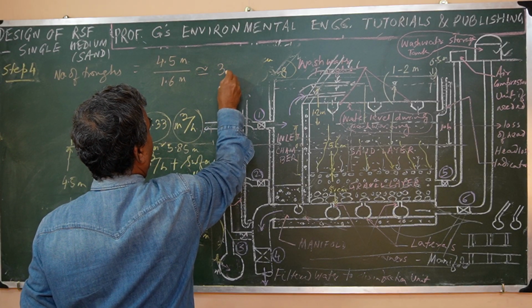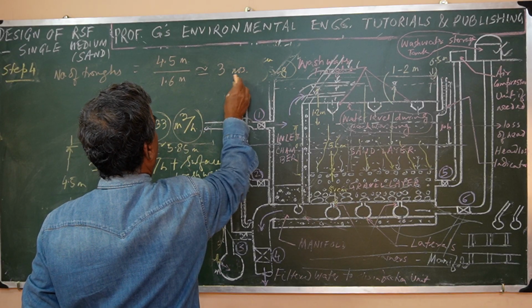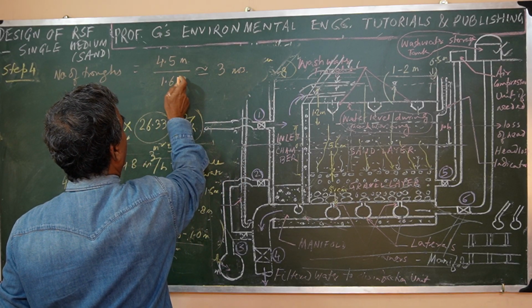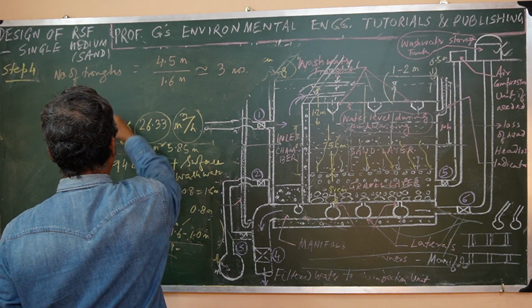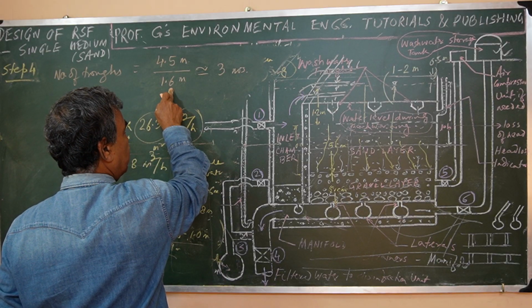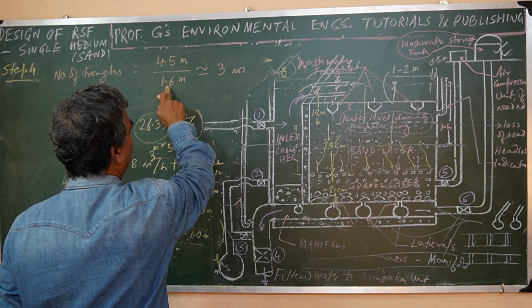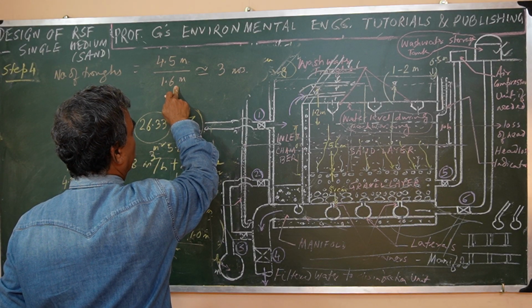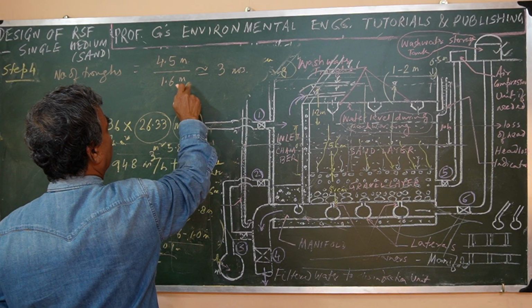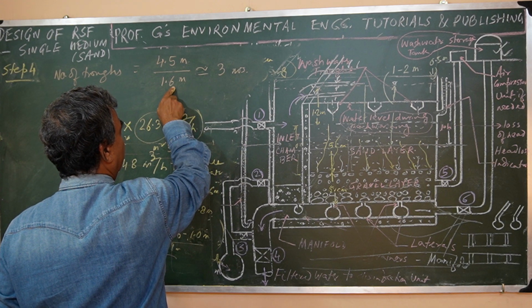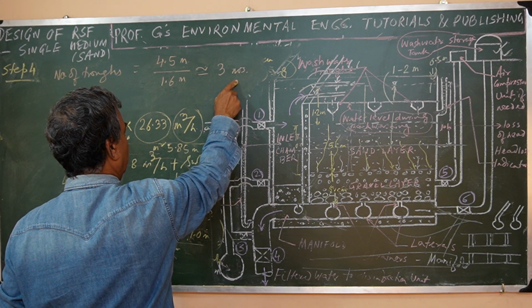So this will be 3 numbers. 3 makes 4.8 meter, but 4.8 meter is not available, so this has to be compromised. That means this will be more or less 1.5 or so, to make it 3 if we provide 3.